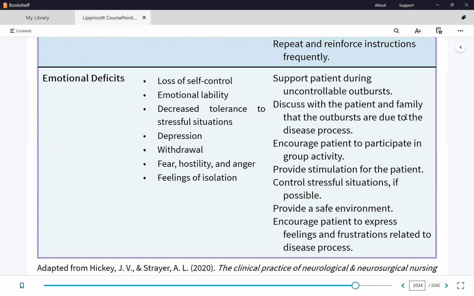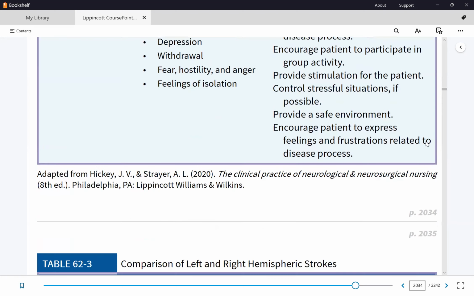And people around them, if they don't know that they have it, can get, what's wrong with this person? It's embarrassing. The problem is the patient has no control over this. They cannot. That's the key. They have no control over these emotional deficits. They don't even understand why they're behaving this way. Again, this usually involves frontal lobe strokes.